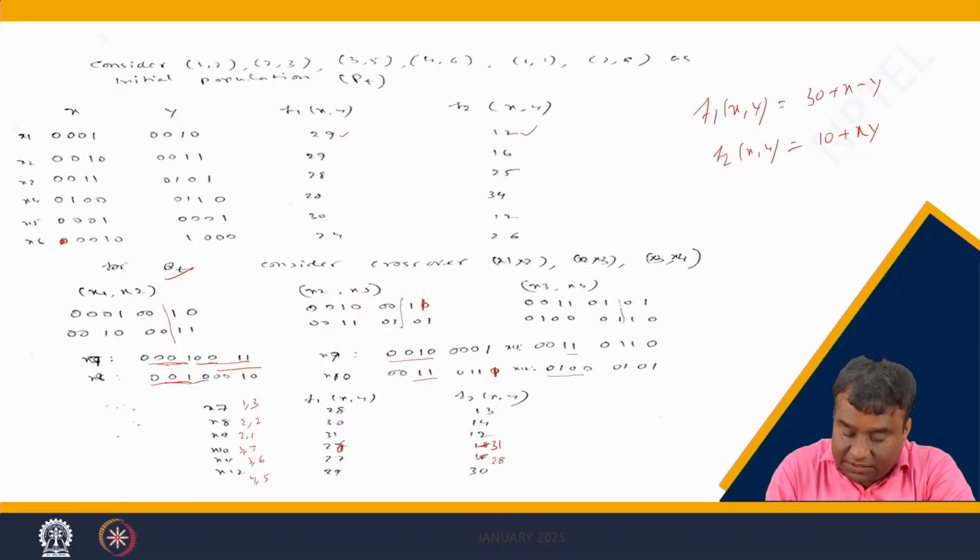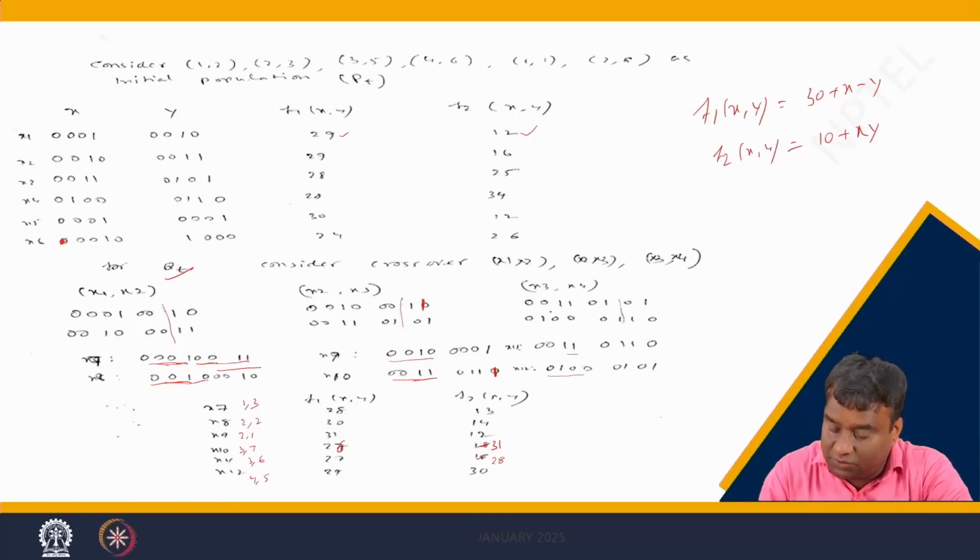Similarly for x2 and x3, x2 is 0, 0, 1, 0, 0, 0, 1, 1 and x3 is 0, 0, 1, 1, 0, 1, 0, 1. So we got x9 as 0, 0, 1, 0, 0, 0, 0, 1 and x10 as 0, 0, 1, 1, 0, 1, 1, 1. So it represents (2,1) and (3,7).